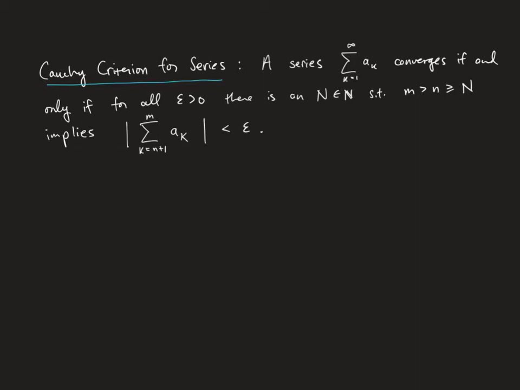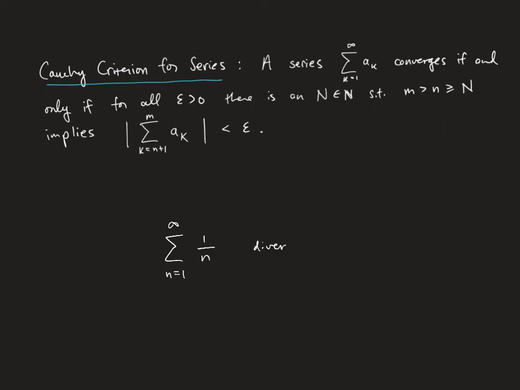One immediate corollary of this, which you might recall from calculus, is that if a series converges, then the terms in the series that you're adding up have to be going to 0. Of course, the converse of this is false. Just because the terms of a series go to 0 doesn't mean the series converges, the harmonic series being the standard example.